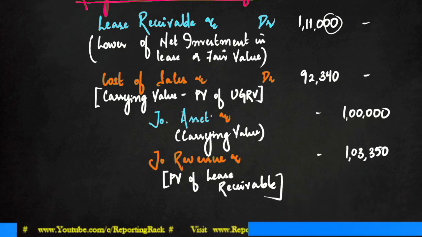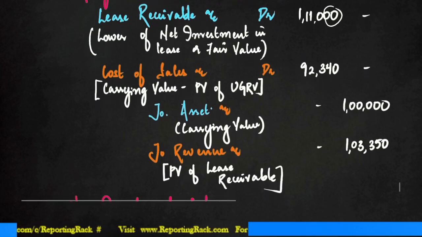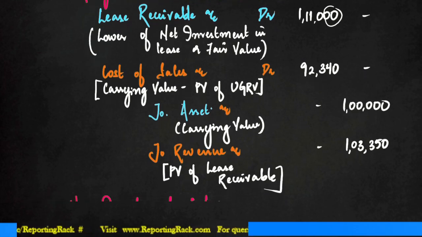That 10 rupees you can either transfer to P&L, guys. That's not an issue. I can debit the P&L by 10 rupees. Or you can adjust the sales figure to 340. Either way, it is fine.